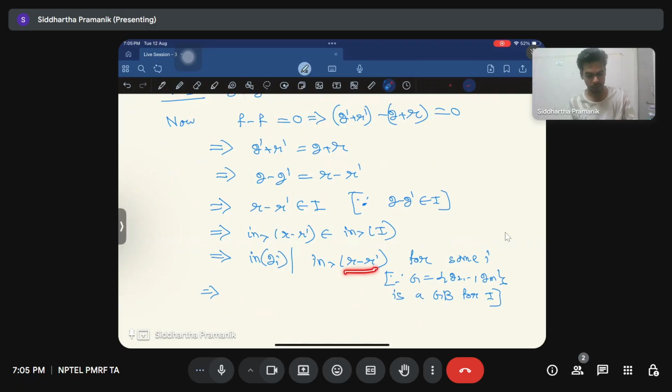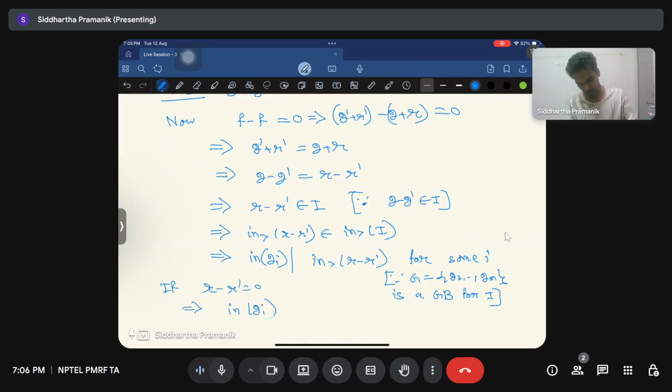If R minus R prime is non-zero, then the initial term of Gi divides the initial term of R, or the initial term of Gi has to divide the initial term of R prime.